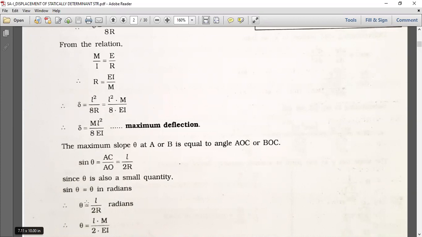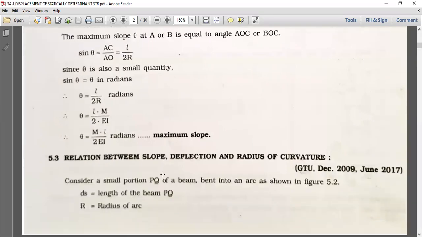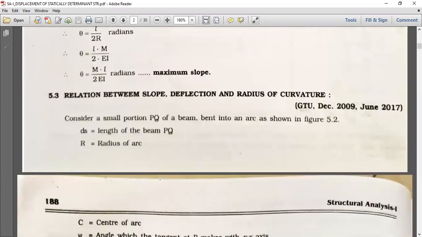So theta is equal to L upon 2R. But we know that 1 upon R is M upon EI, so theta is equal to M L upon 2 EI, in radians, and that's the maximum slope.